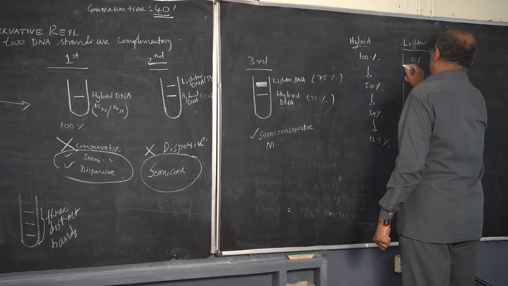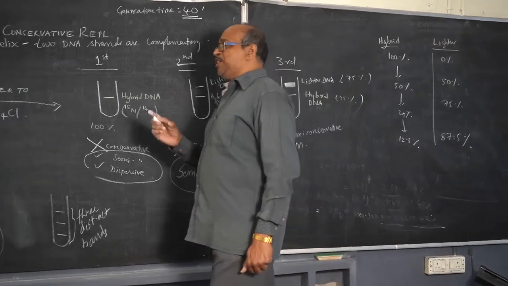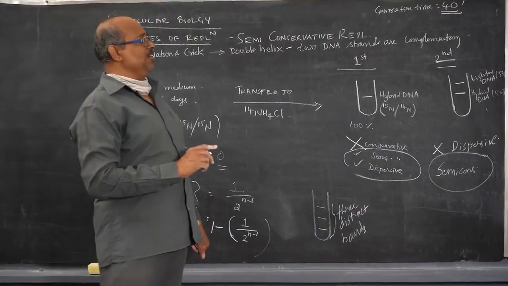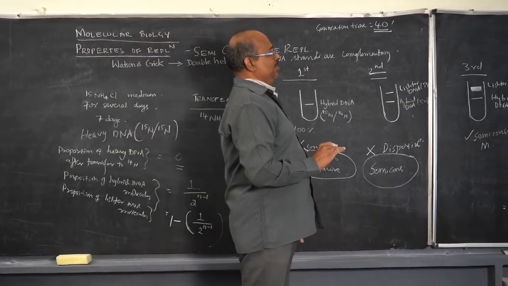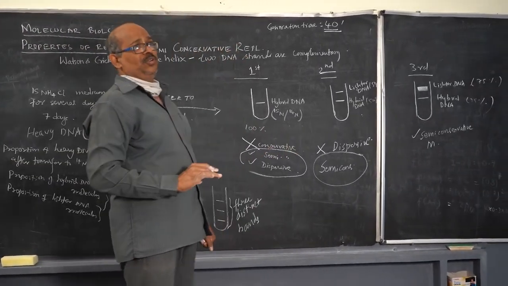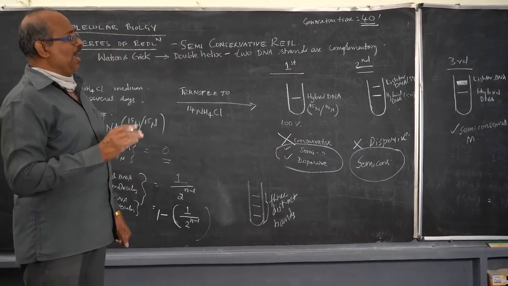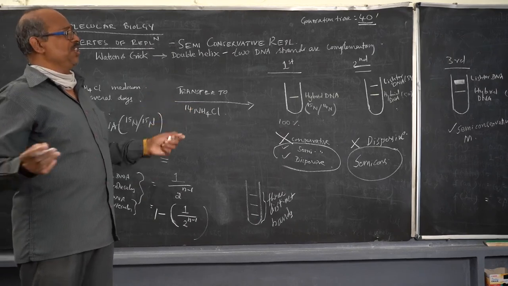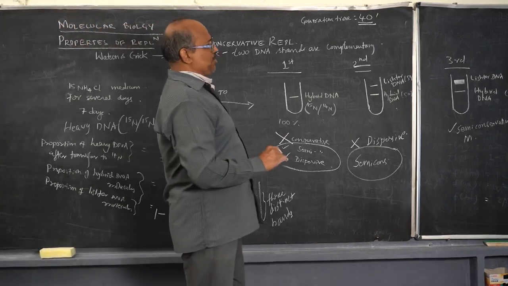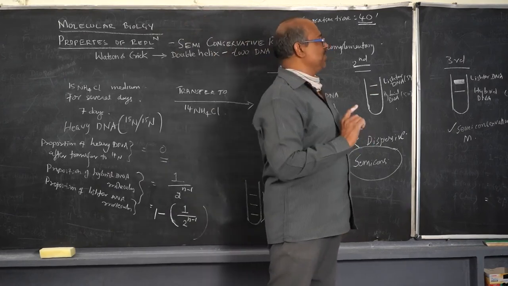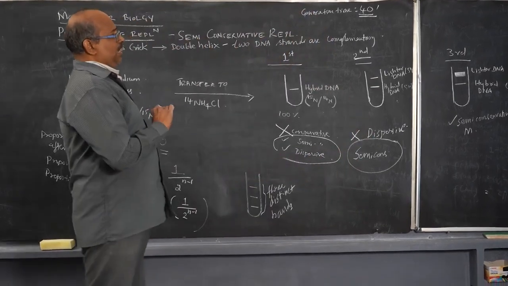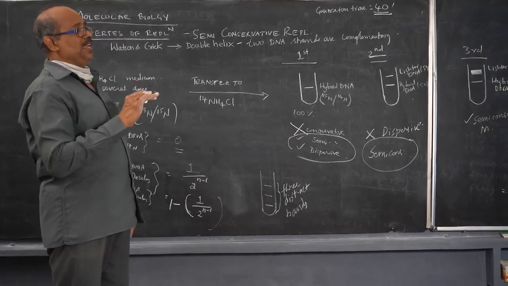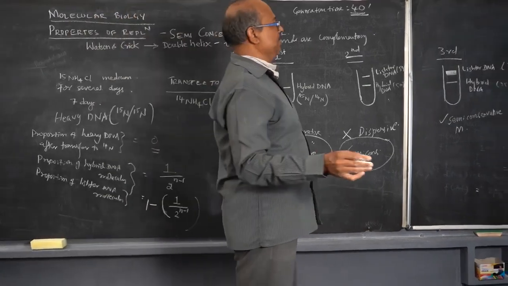There is an exponential increase. The exponential decrease and the exponential increase are indications of the semi-conservative mode of replication. If it were conservative, you should have always got these two bands, or if dispersive, you should have got only one single band across generations. You can exclude those two mechanisms and conclude that replication takes place by a semi-conservative mechanism.